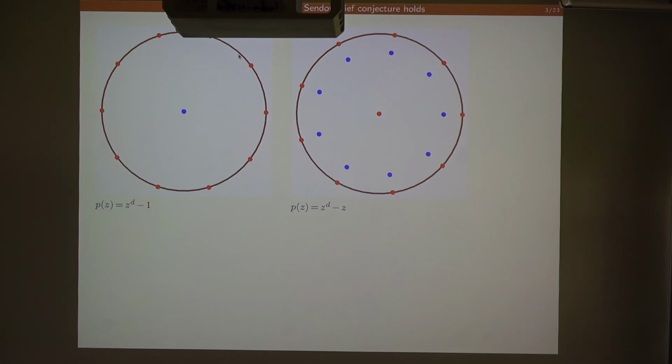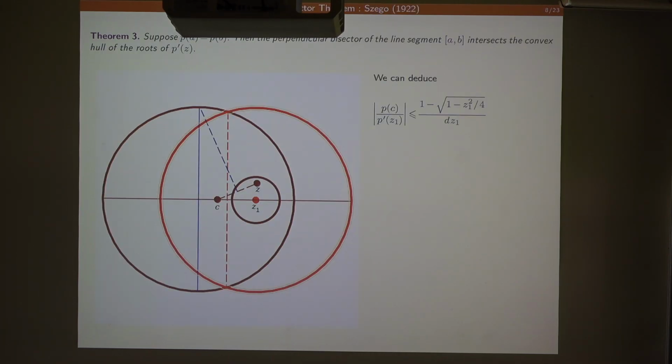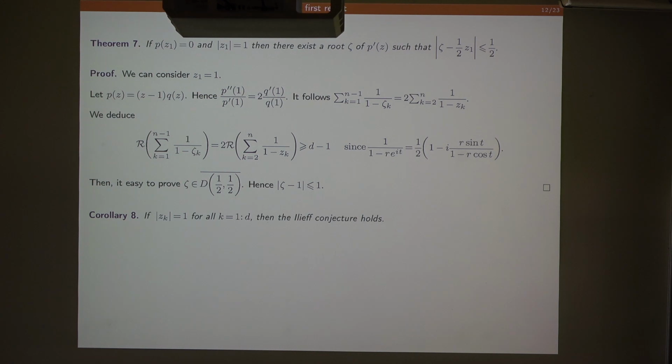And the Sendov conjecture is a theorem. It's the very simple case where the conjecture holds.